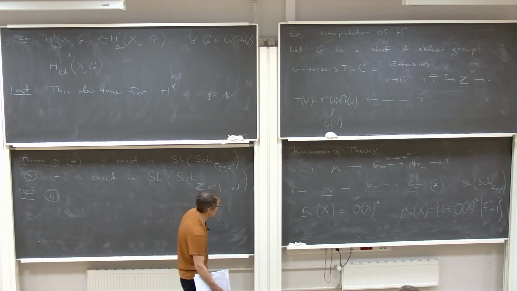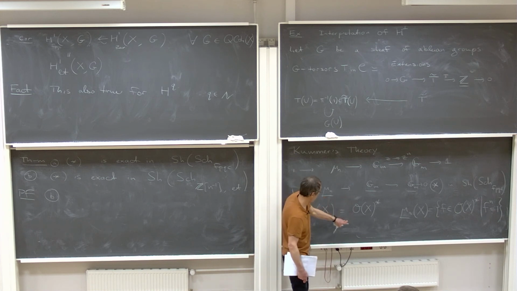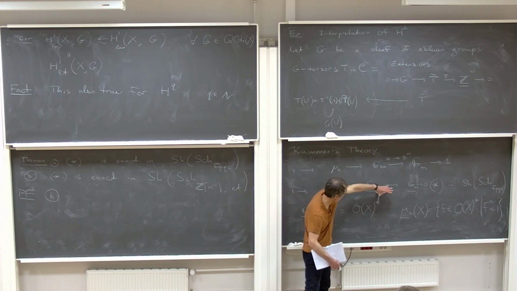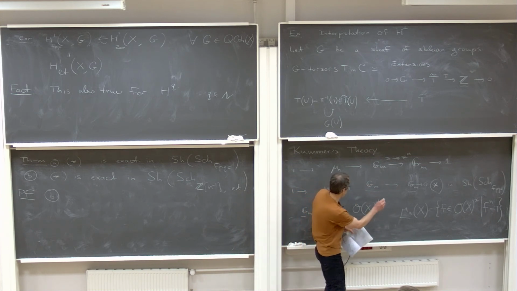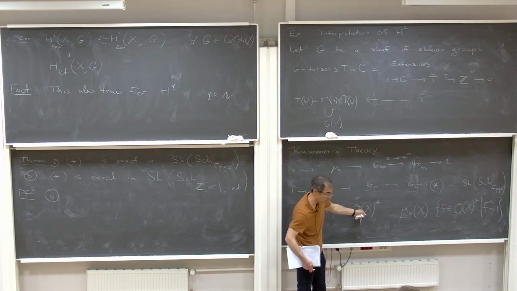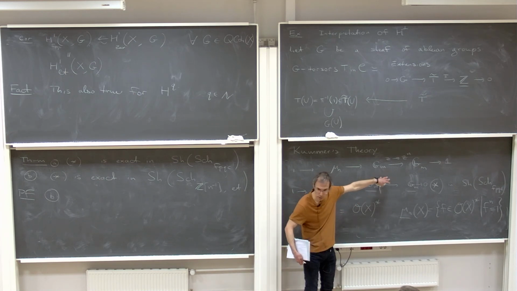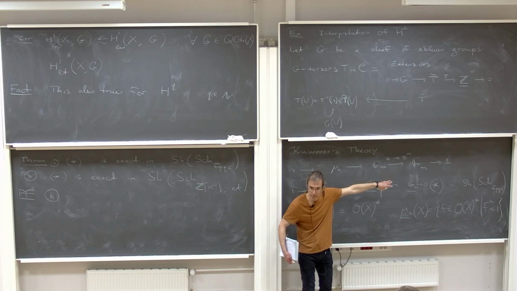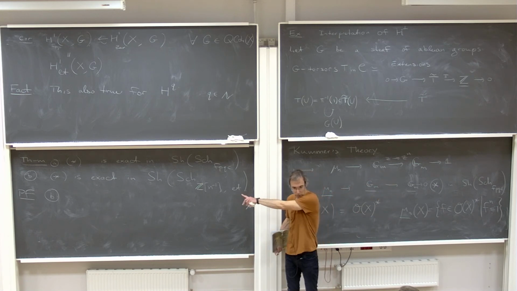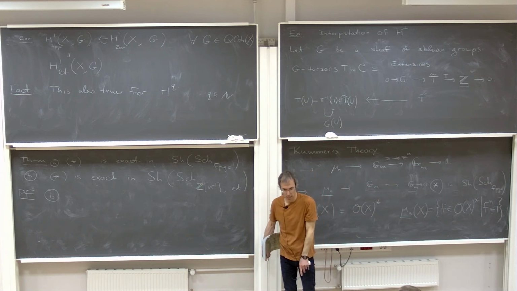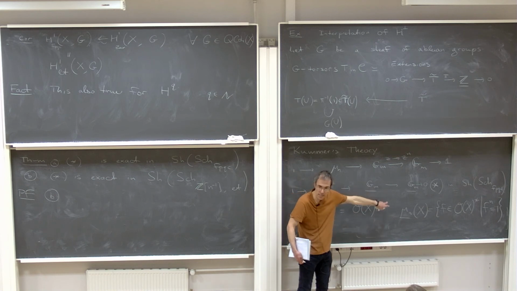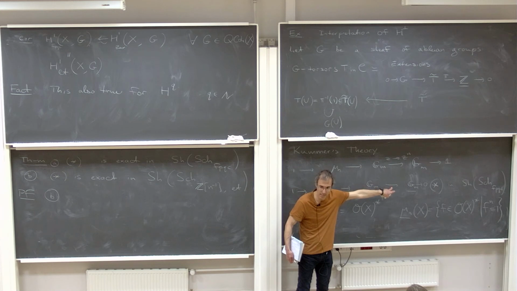So what does it mean? This map is given by raising a function f to its nth power. And the claim is that étale locally, provided that n is invertible in the ring of global functions on X, we can extract the nth root of f. That's really the statement of the theorem.